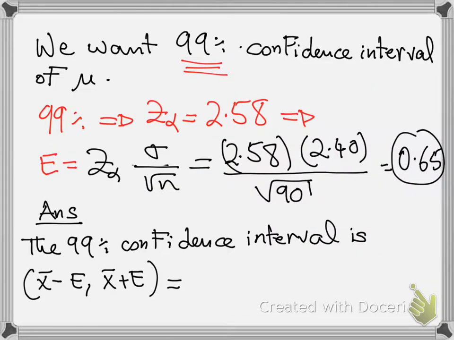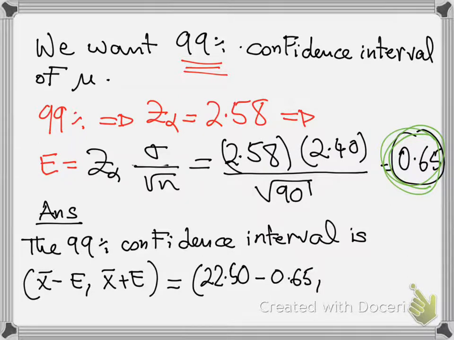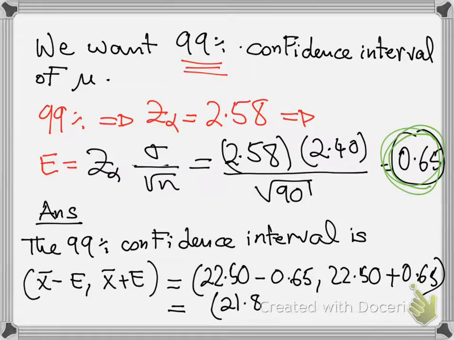So it's 22.50 minus E, E being 0.65, and 22.50 plus 0.65. That will be equal to 21.85 and 23.15.